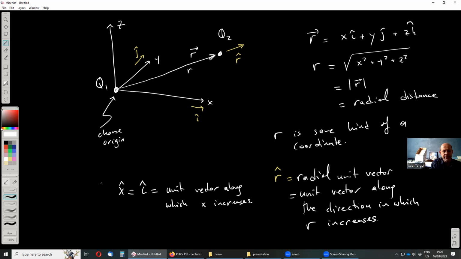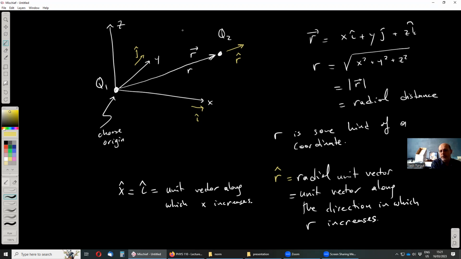In any case, the radial unit vector at a point is the unit vector that gives us the direction in which the radial coordinate increases. In that respect, the radial unit vector is similar to these Cartesian unit vectors.